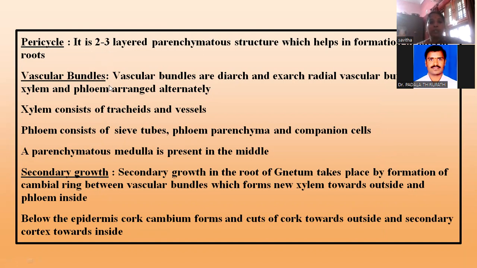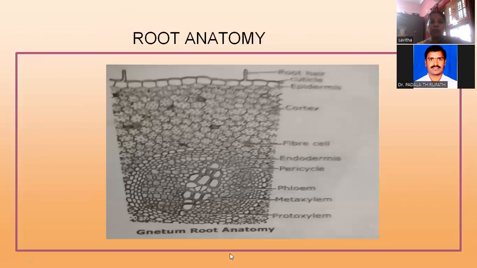When you come to the vascular bundles, they are only 2 in number. They are radial vascular bundles because it is a root. This is the diarch condition, meaning only 2 vascular bundles are seen. Phloem and xylem are arranged on different radii, alternating with each other.